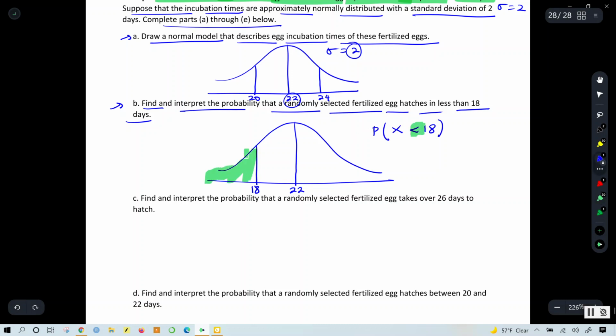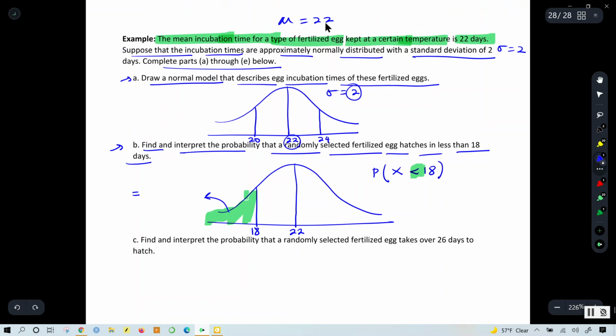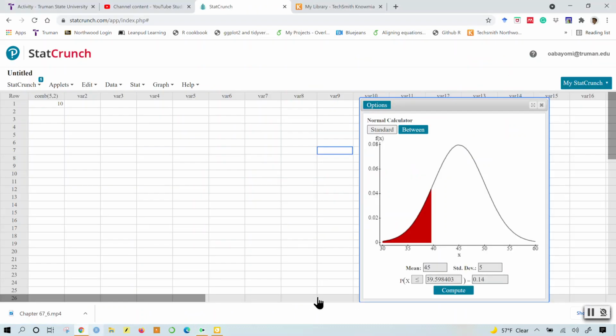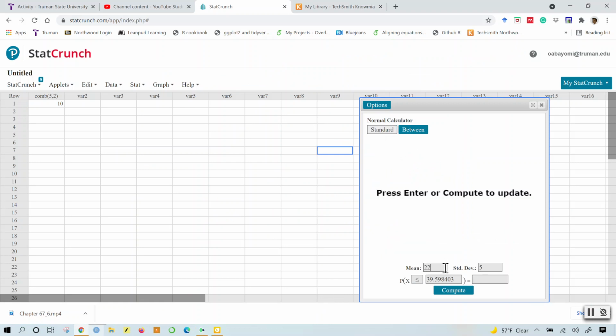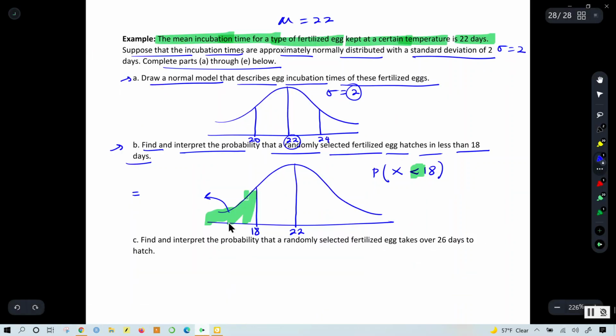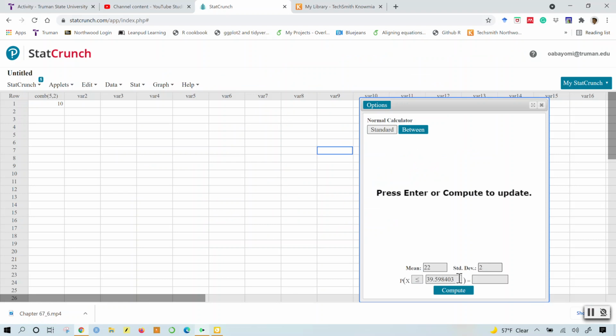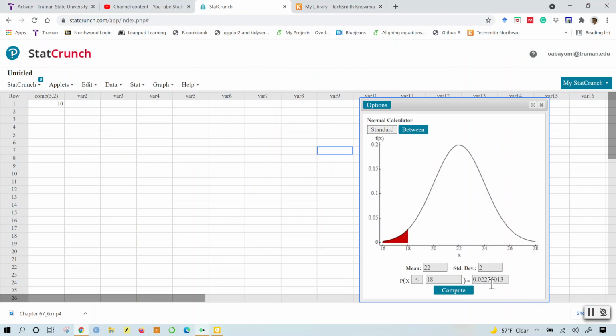For this region, I need to set up my parameters, mean 22 and standard deviation 2. So standard, and I want 22 and 2, and in particular, less than or equal to 18.